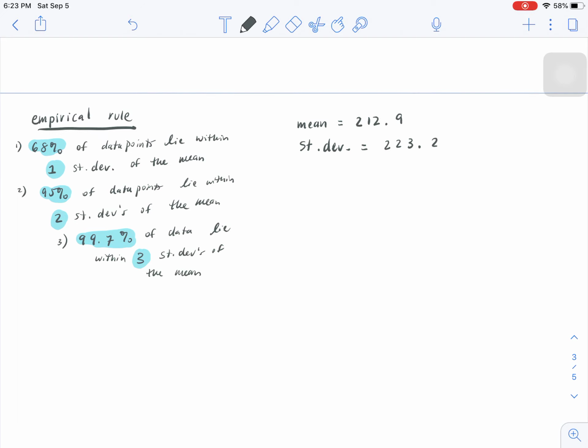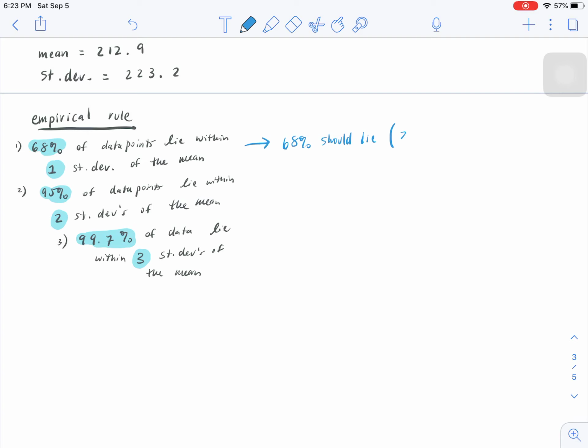That means that 68% of data should lie in the interval between two numbers.